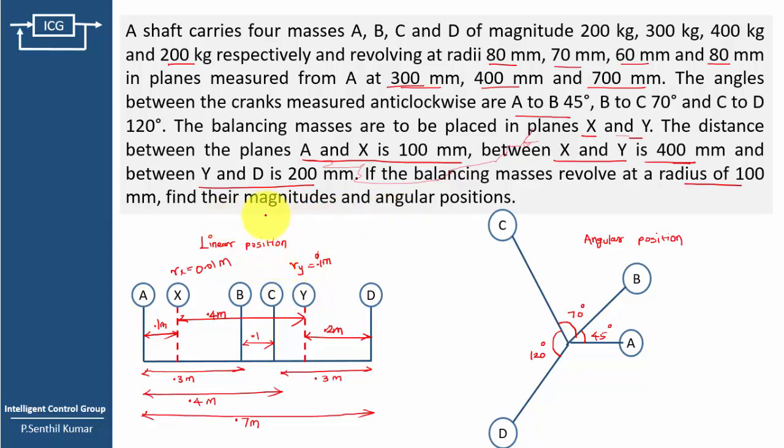Here our aim is to find the magnitude. We need to find out mx, theta x, my, theta y. So these are all the parameters we need to find out for this problem. So with this detail, now we will move on to the linear and angular position, force polygon and couple polygon for this application.